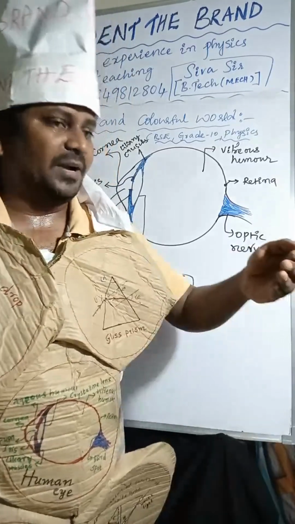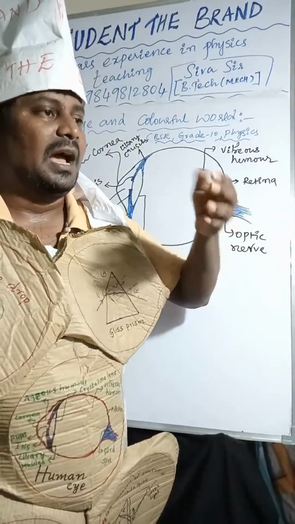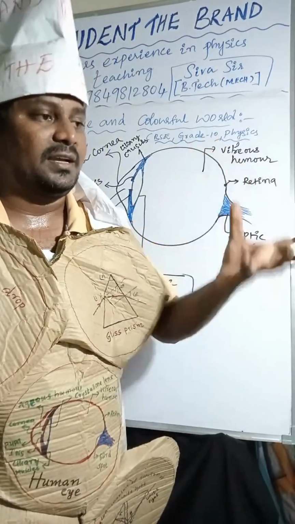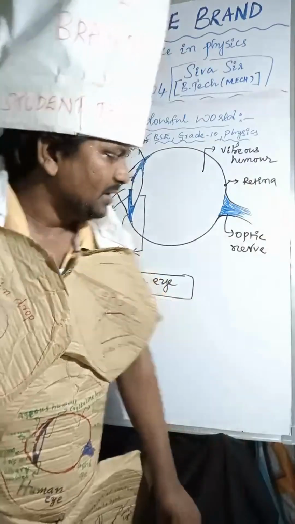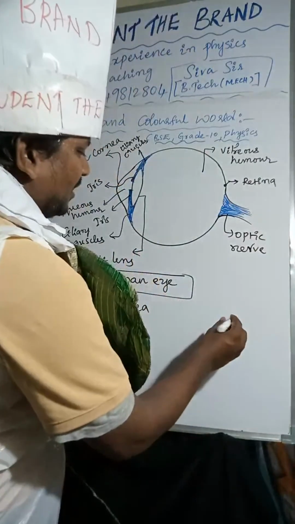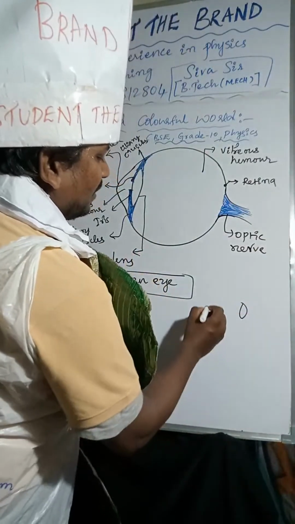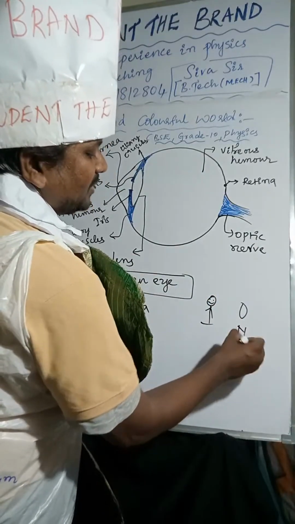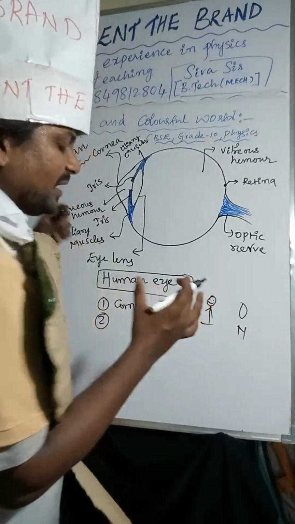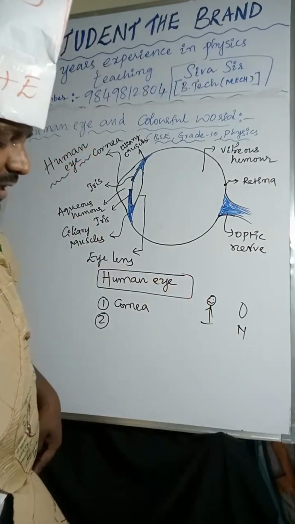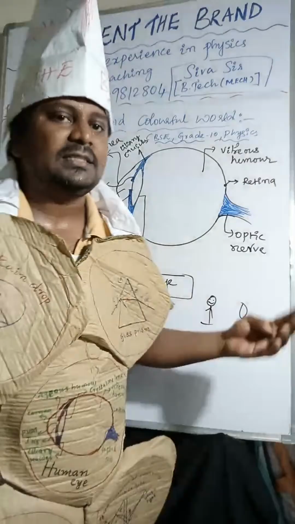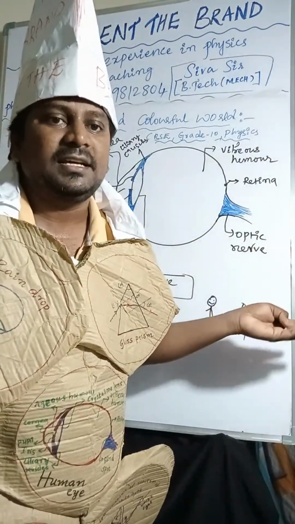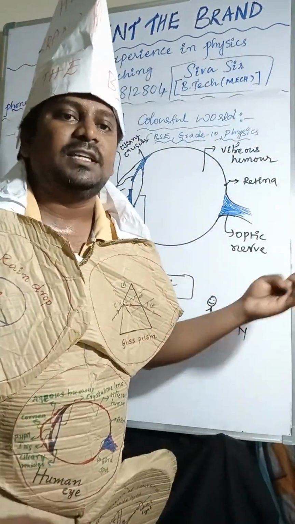When you are seeing a nearby object, the eye lens becomes thick. Focal length decreases. By that we are able to see the nearby object.